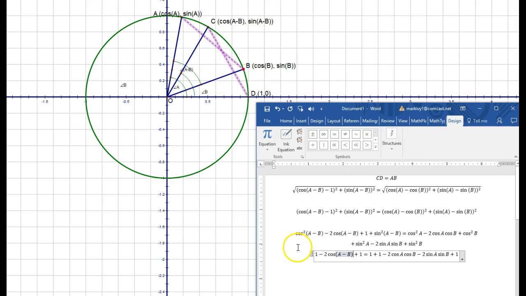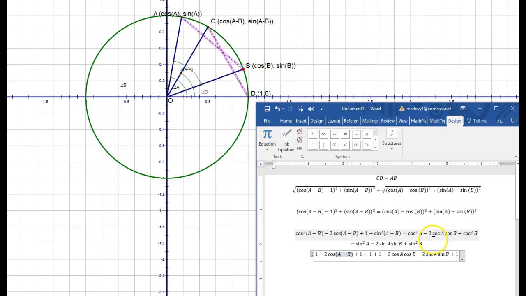So let's make sure we see where everything came from. Cosine squared A minus B plus sine squared A minus B equals this 1 from the Pythagorean identity, minus 2 cosine A minus B, just pulls down from here. On the right side, cosine squared A plus cosine squared B equals this 1. Sine squared A plus sine squared B equals this 1.